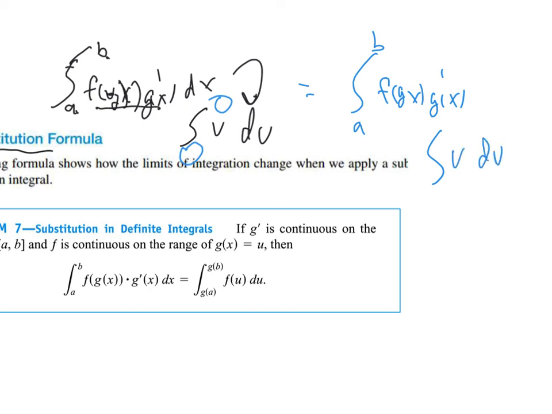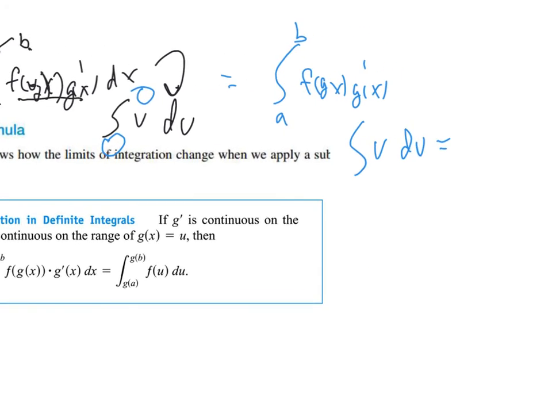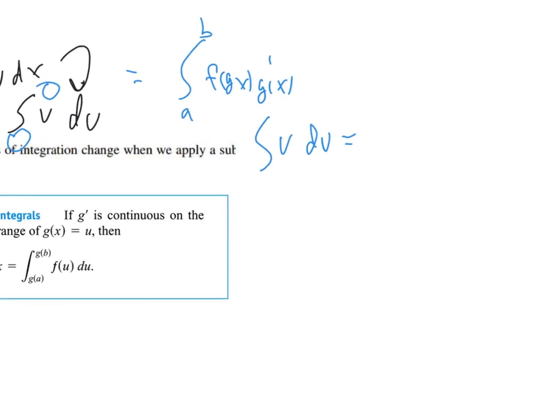Don't worry about your limits, and you're going to get some function, big F of u plus c. Then I can convert this back, like we did in the other homework, into a function of x.